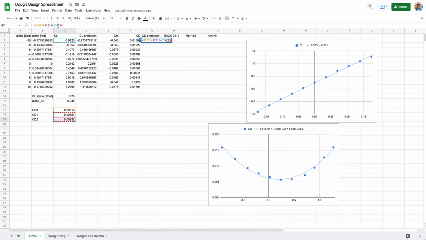We want to hold on to that cell when we copy this down, times the lift coefficient squared. Okay, and then we can autofill that down.